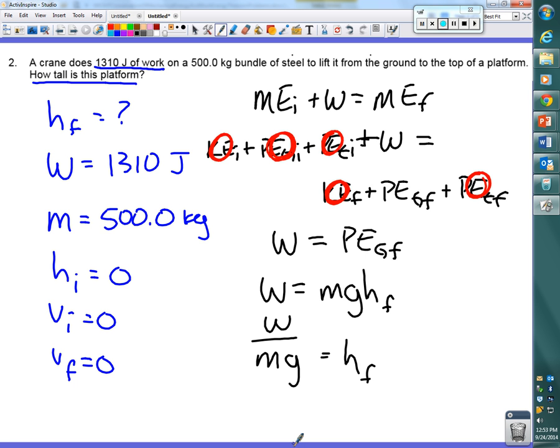Now we start plugging in things that we know into that equation. Right? We know the amount of work that was done, we know the mass of the steel bundle, and we know the acceleration of gravity.